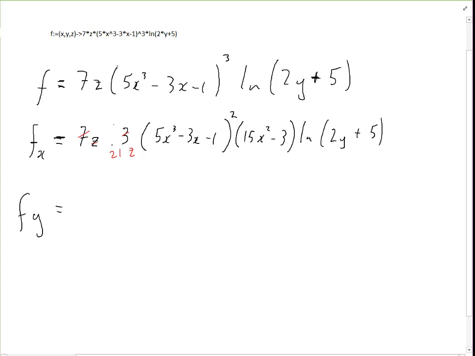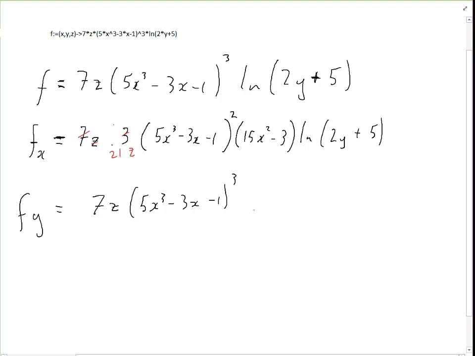So when you come to y, this is fixed, so just dealing with this problem here. And again, it's a similar kind of chain rule situation, that you have 7z, that's all fixed, 5x cubed minus 3x minus 1. It's all just constant, multiplying this here. But this part, if you imagine this is log of q, then log of q, when you differentiate it, becomes 1 over q.